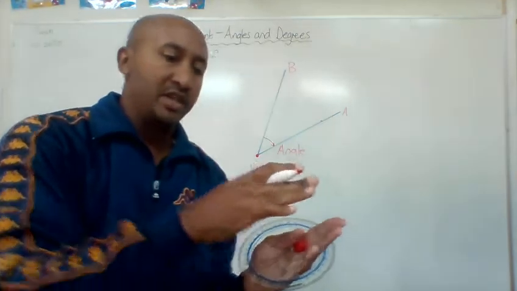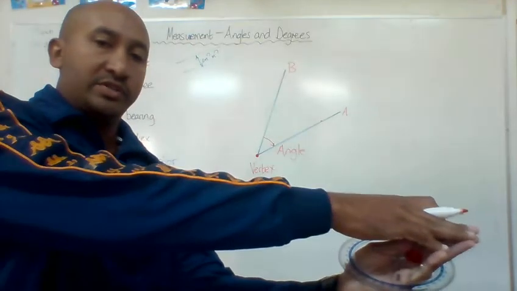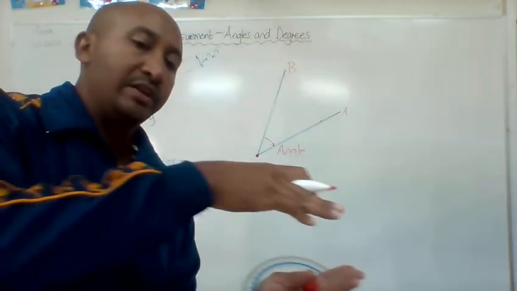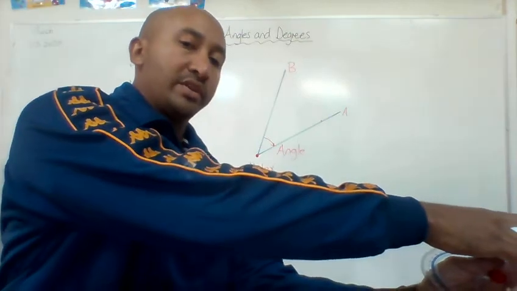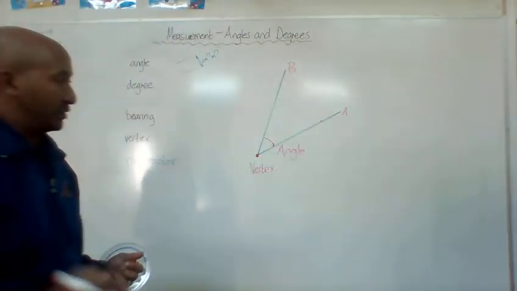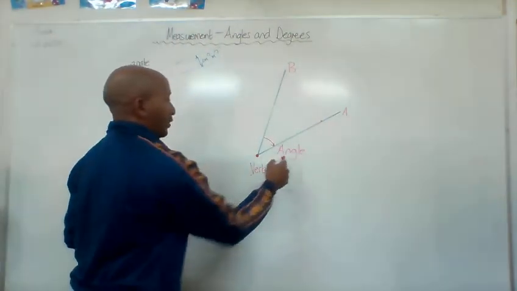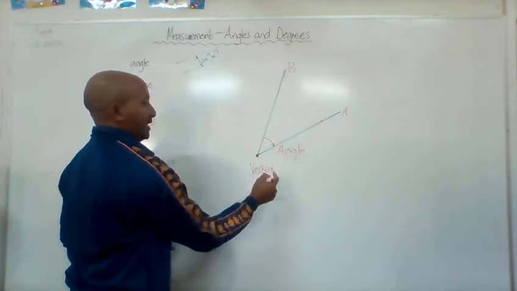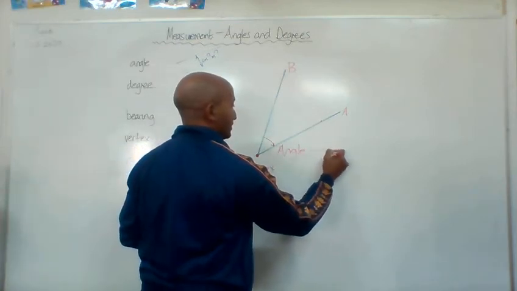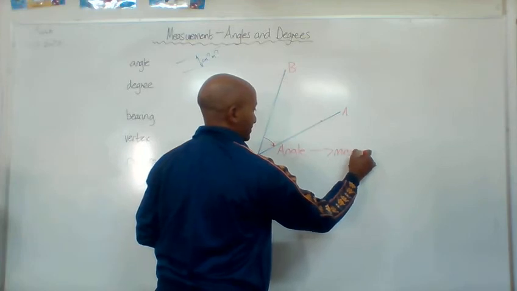The angle is how the two lines relate to each other, or how quickly or how slowly they come together or move away from each other, depending on which way you want to look at it. We are talking about an angle, and they are measured in degrees.